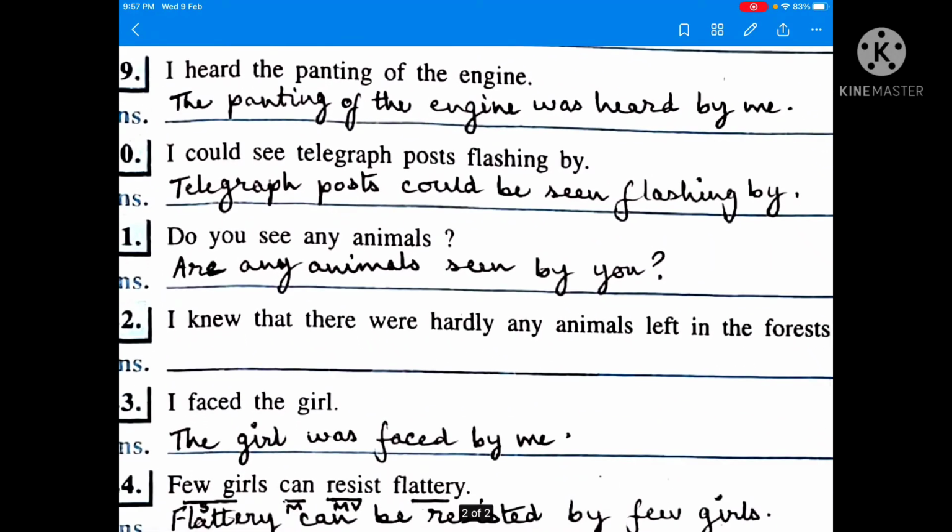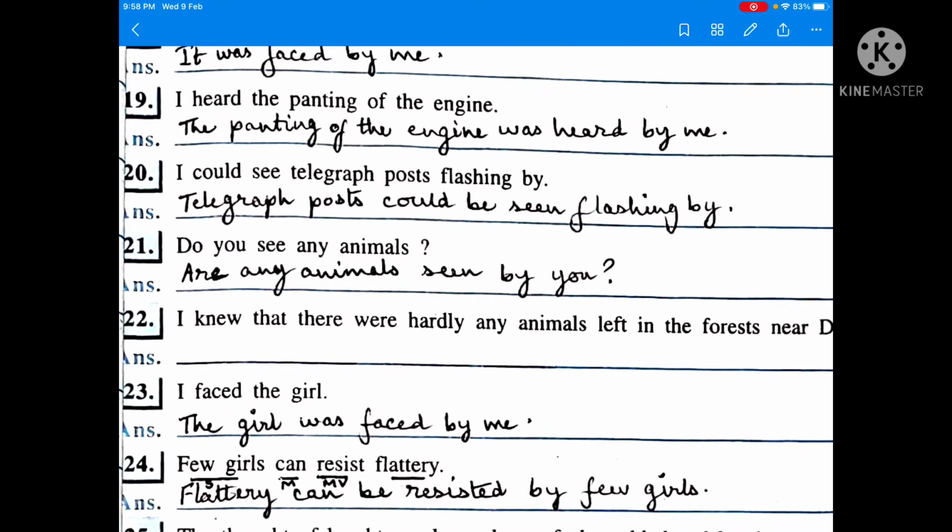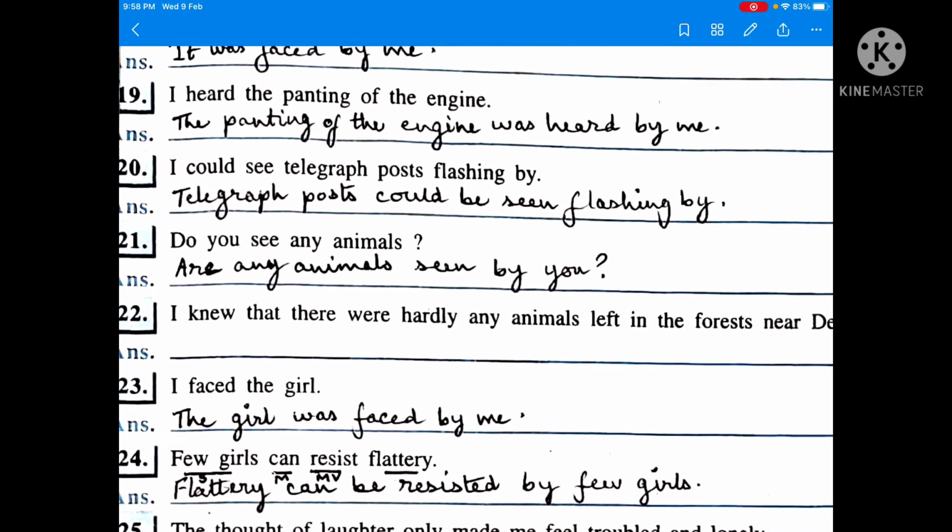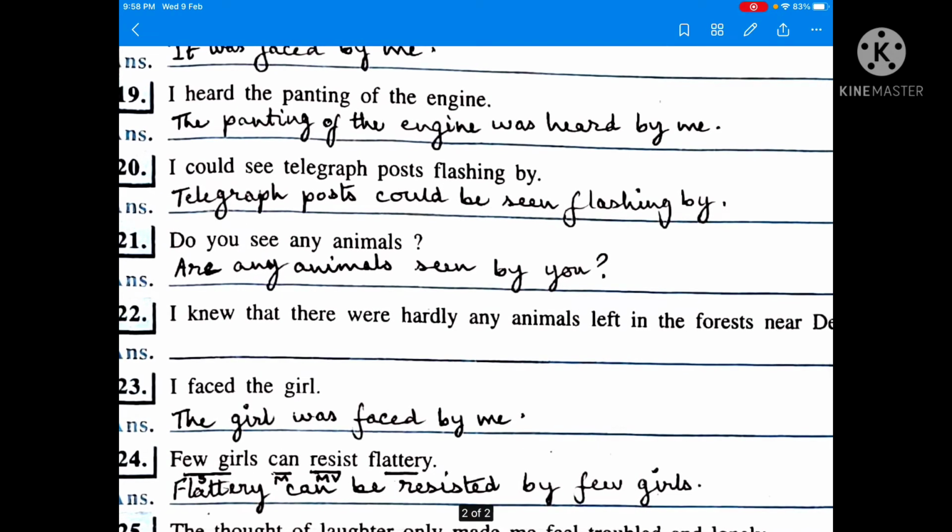I could see telegraph posts flashing by. Telegraph posts could be seen flashing by. By me can be removed. Could see becomes could be seen.